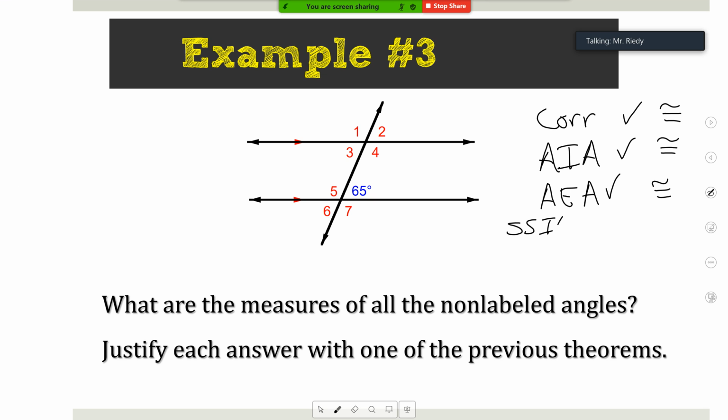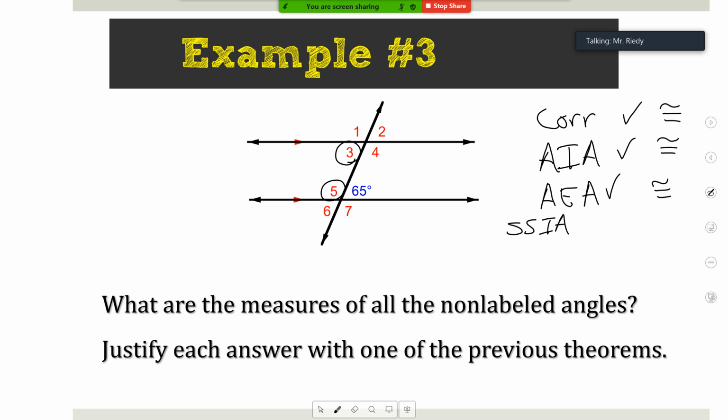Same side interior angles. Who haven't we heard from? Olivia. Can you give me 2 same side interior angles in this picture, please? 3 and 5 and 4 and 6. Good. We'll work with 3 and 5. What appears to be the relationship between angles 3 and 5? They are congruent.